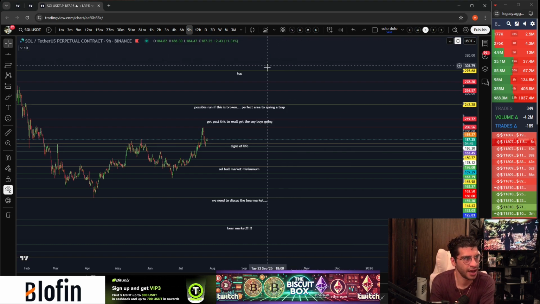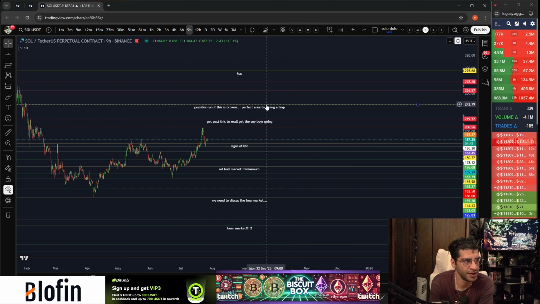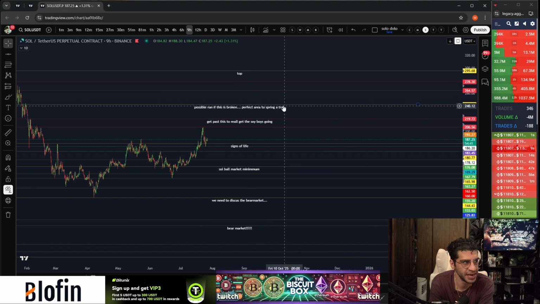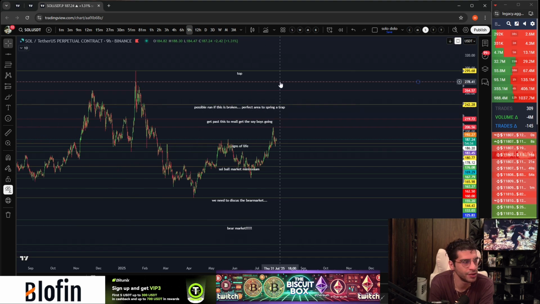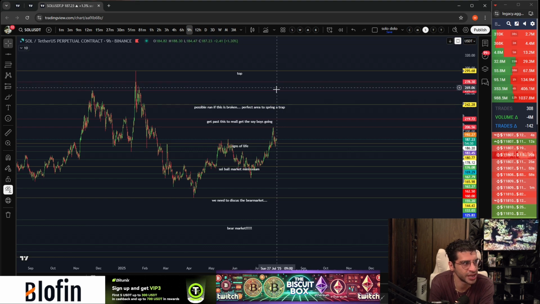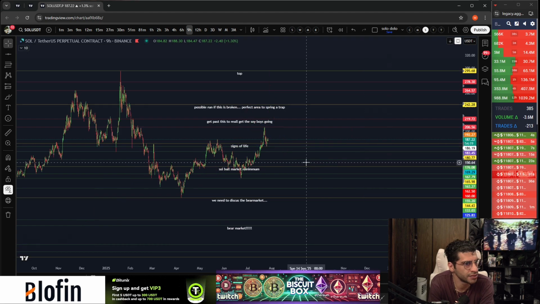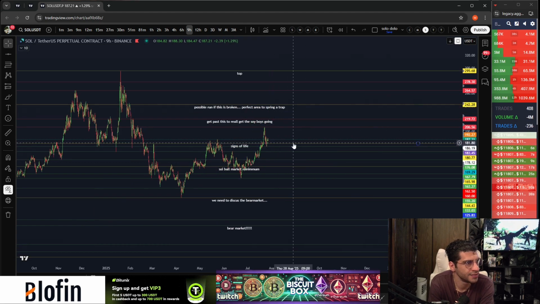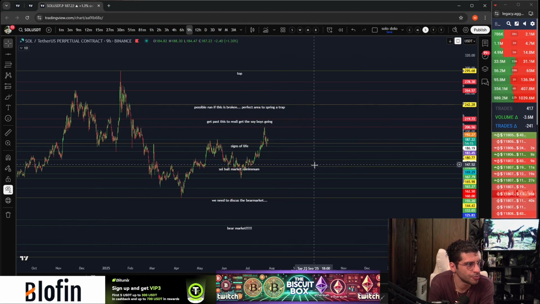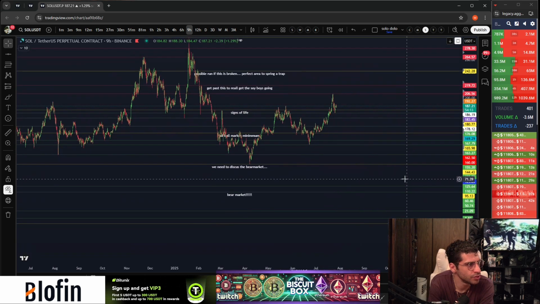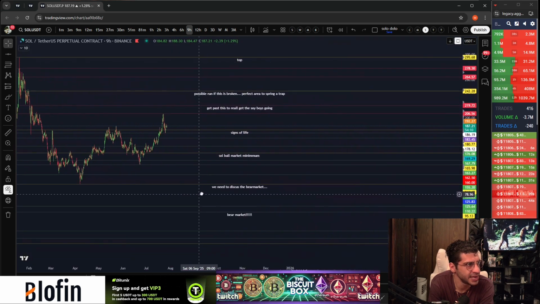Obviously, the top, possible run if this is broken, perfect area to spring a trap. If we do break above 278 into this 280 region, there's a good chance that we bottomed and we're gonna rip up higher. But nothing is promised in crypto, and I've seen a lot of traps get sprung, so I like to think of everything by levels, and I like to name my levels.